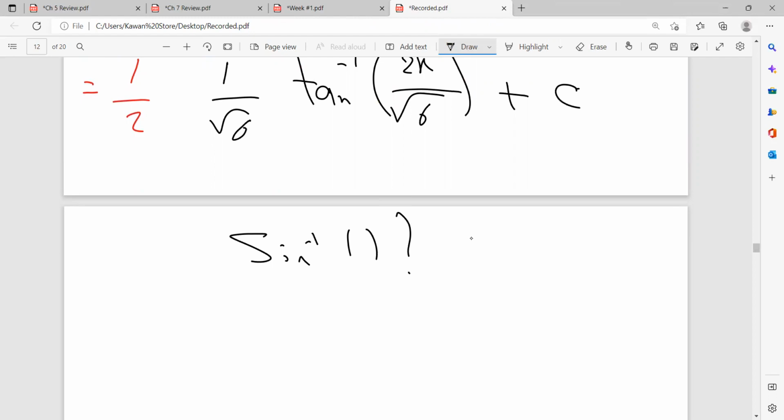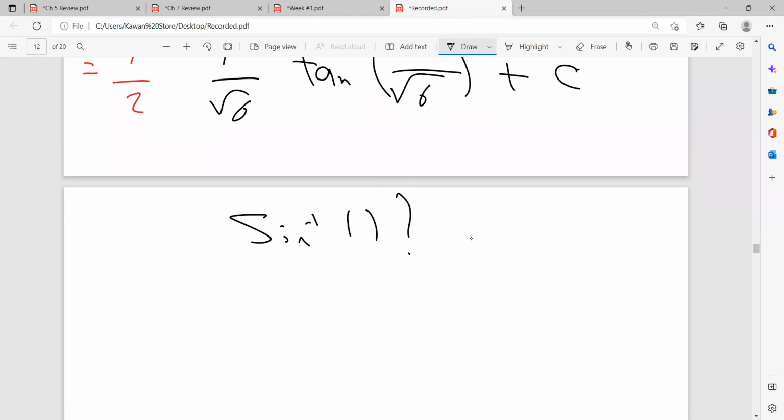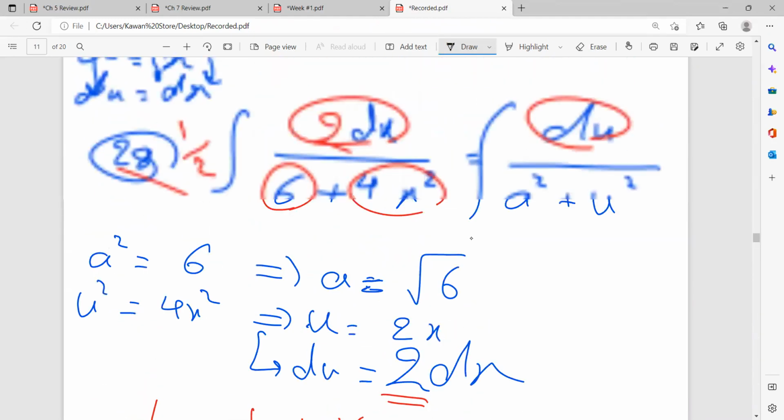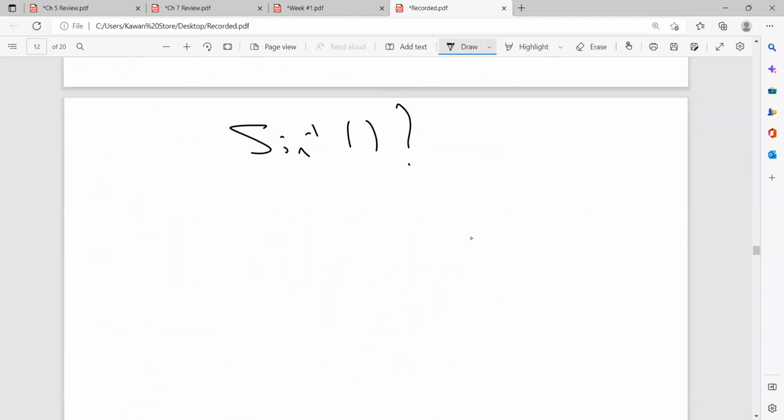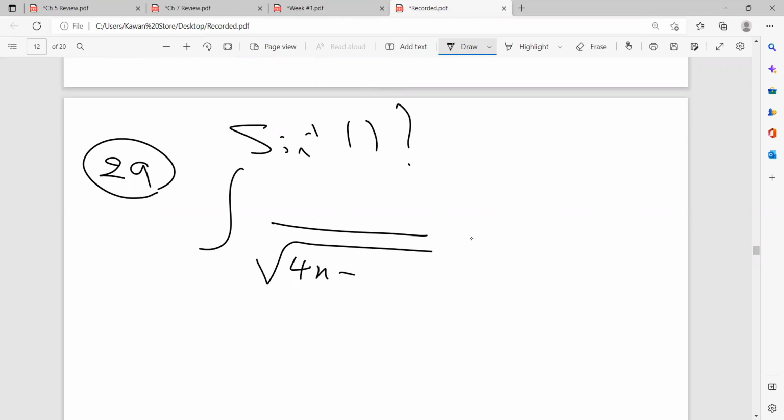Some formulas are not ready. Like what? For example, 28, now 29. If we have something like that, yalla, which formula? None of them, you're right.